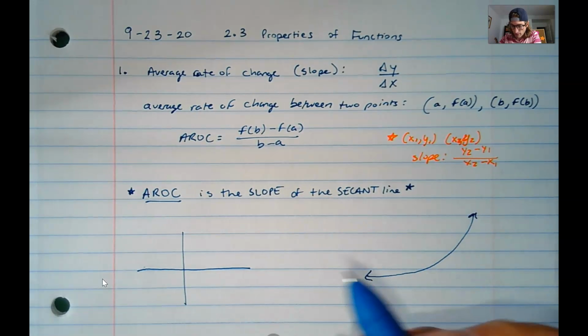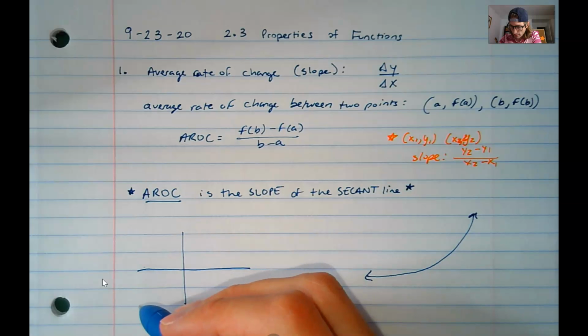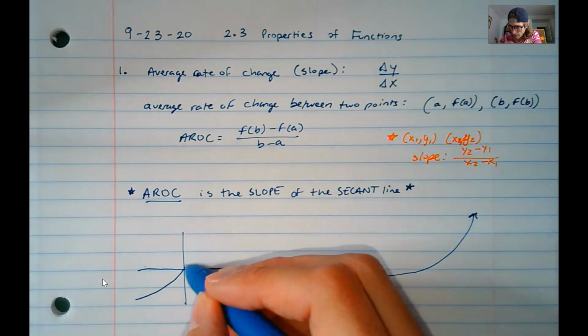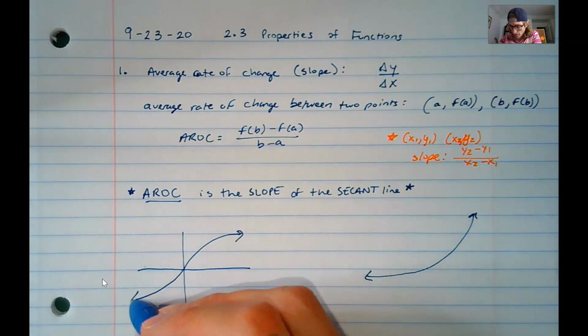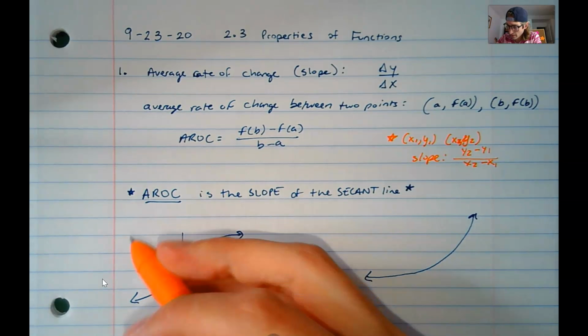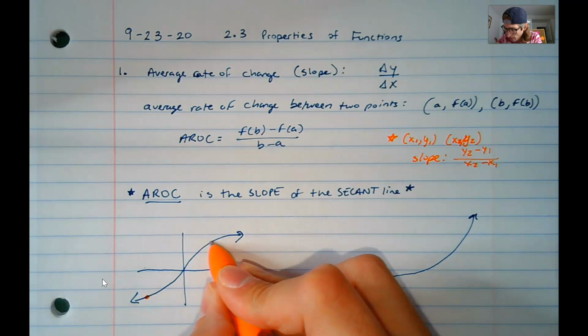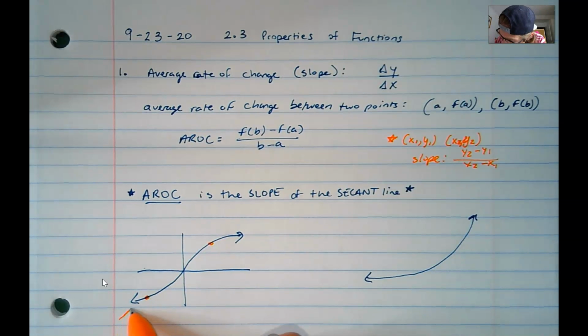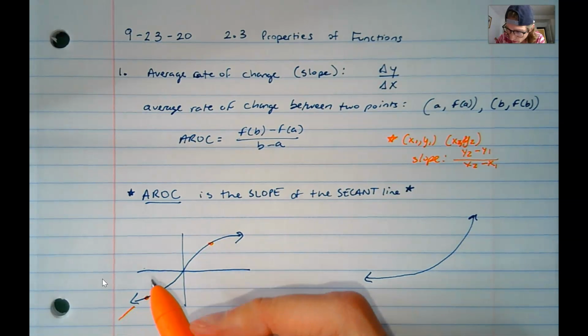Let's take this graph and let's take this graph right there. So what is a secant line? A secant line is something that's going to hit through the graph twice, or sometimes more than just twice.